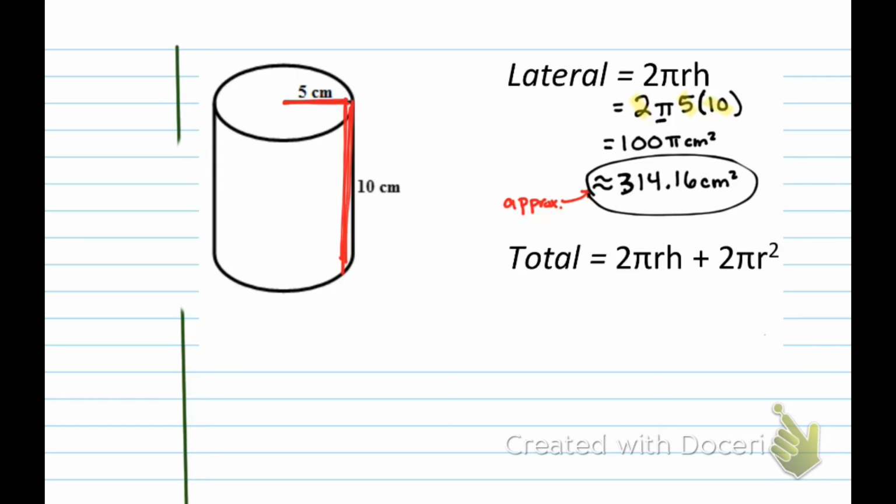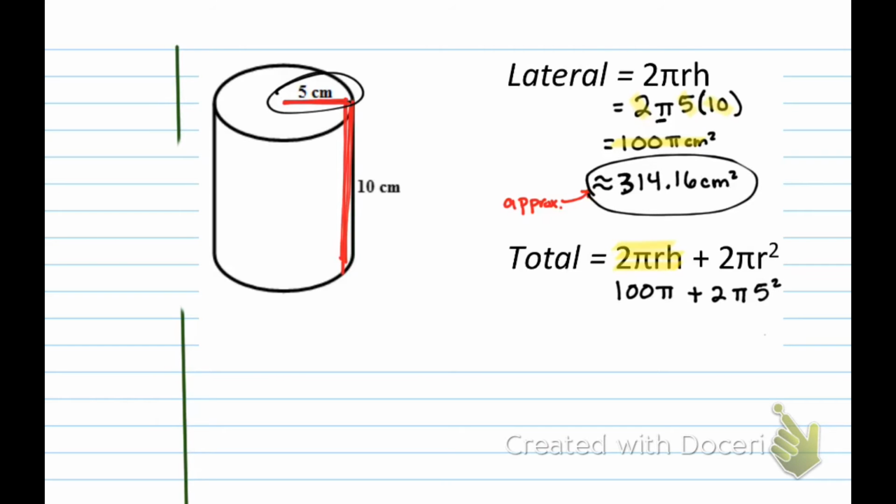Okay, so for the total surface area, we already have our 2 pi rh, which is our 100 pi. Right, so let's go ahead and put our 100 pi, or you can put the 314.16. I like to do the 100 pi so that way my decimals don't move that much. So I have a plus 2 pi, and then they want an r squared. Our radius, again, we said was 5, so we would have a 5 squared.